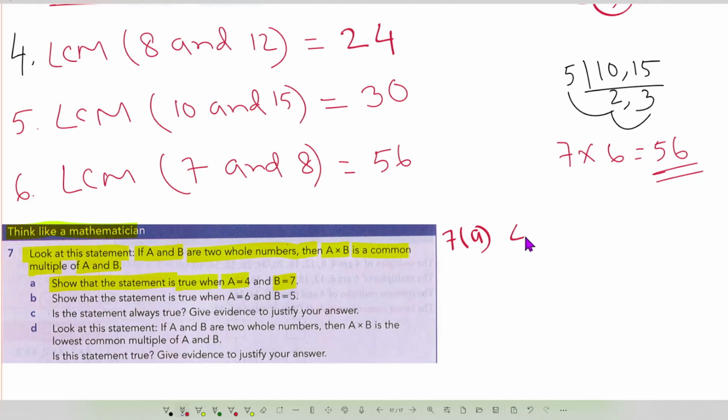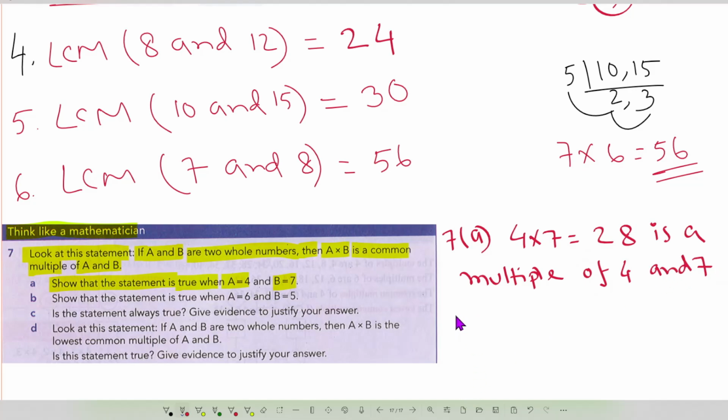It means 4 times 7 equals 28 is a multiple of 4 and 7. 7B. Show that the statement is true when A equals 6 and B equals 5.